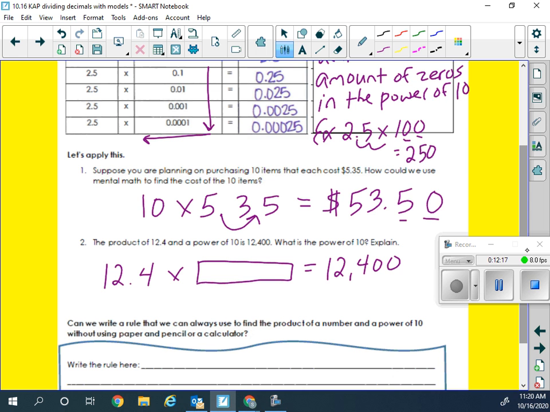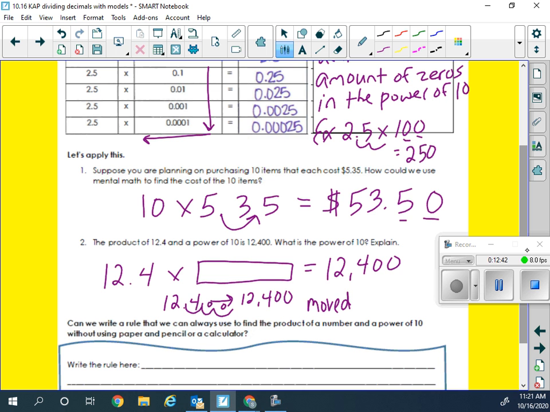Well, what I would say is, how did we get from 12.4 to 12,400? Let's pick up this decimal and move it. Ready? Do I need to keep going? Yes. Do I need to keep going? Yes. And one more, right? Now it matches. How many times did I move my decimal?